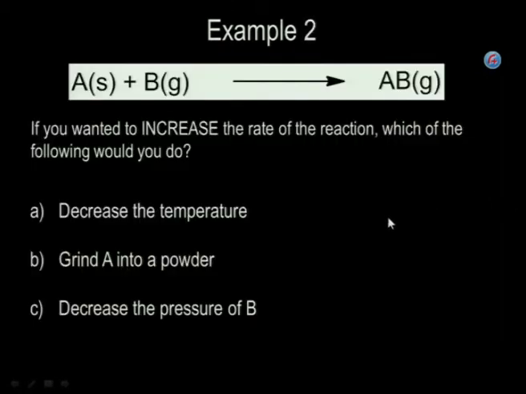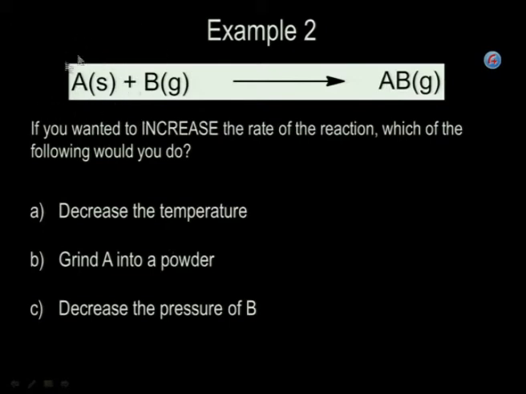Example 2. A plus B gives you AB. If you wanted to increase the rate of the reaction, which of the following would you do? Decrease the temperature? No, that would decrease the rate of the reaction. Grind A into a powder?